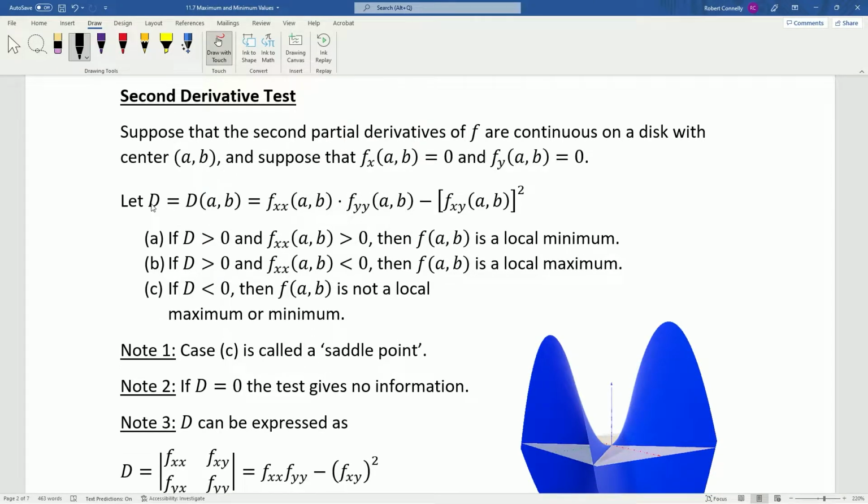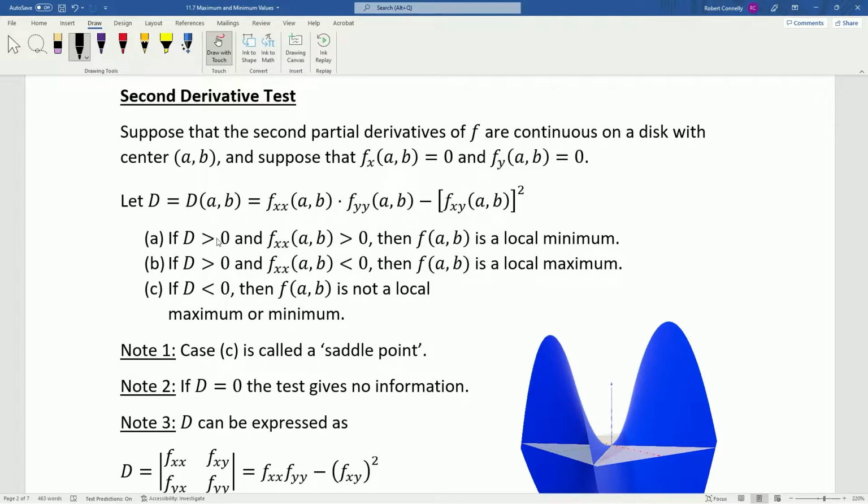Let D be equal to the second partial derivative with respect to x times the second partial derivative with respect to y minus the partial derivative of f with respect to x then y, squared, all evaluated at (a, b). So this is our value D.